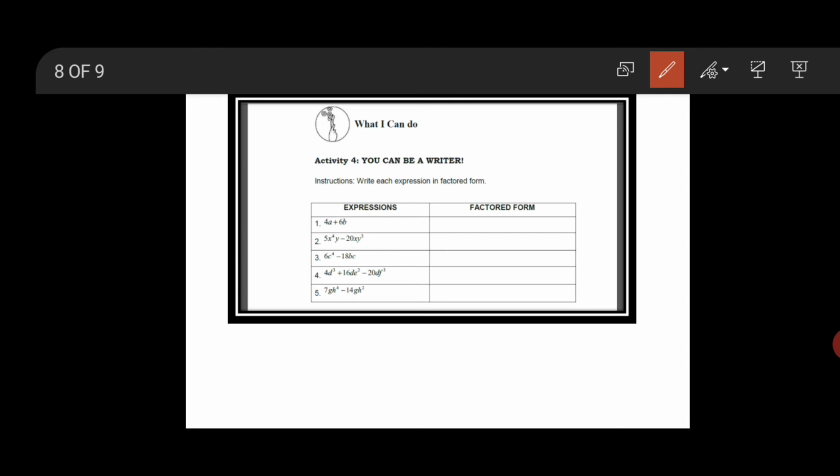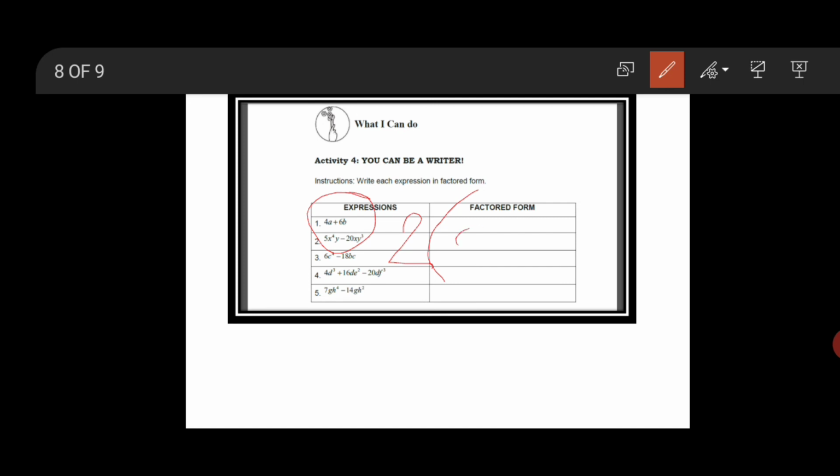So number 1 is 4a plus 6b. First, we get the common monomial factor of 4 and 6. A and b have nothing in common, so the common monomial factor is 2. We put it outside the parentheses, and inside we write what is left after dividing each term by 2.